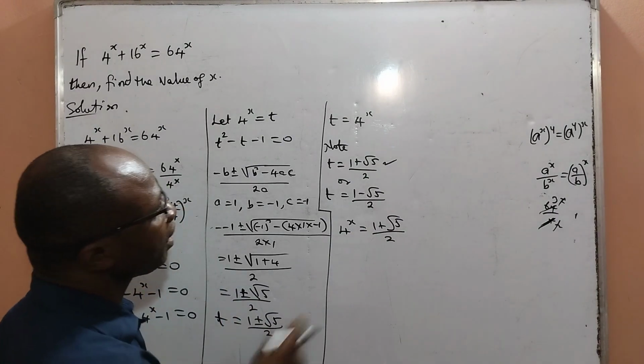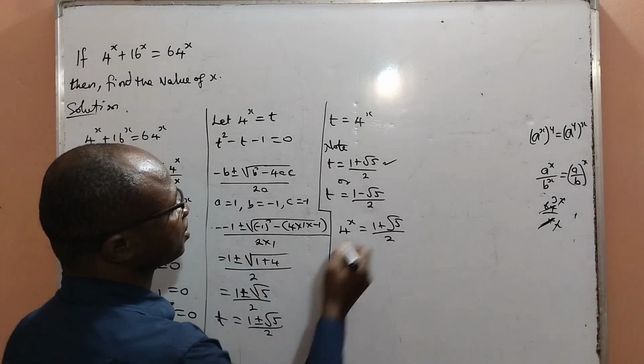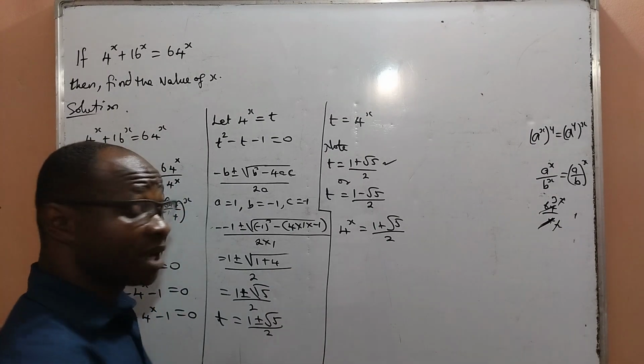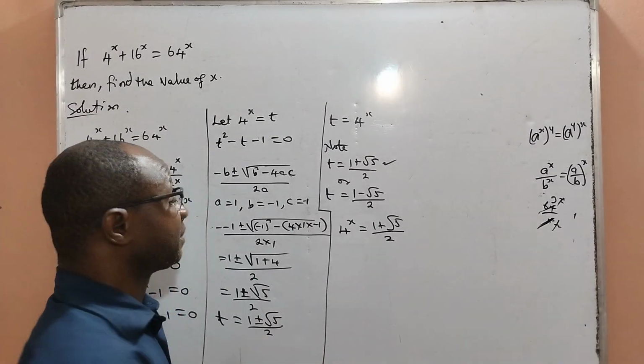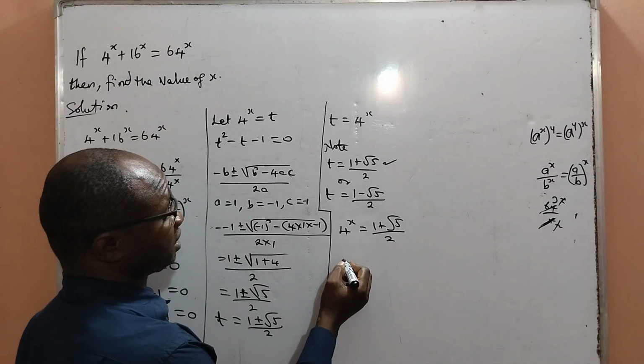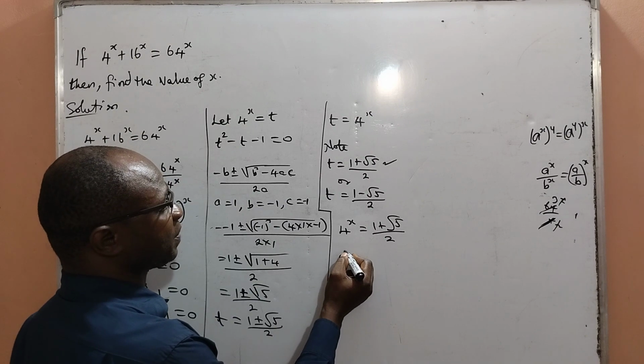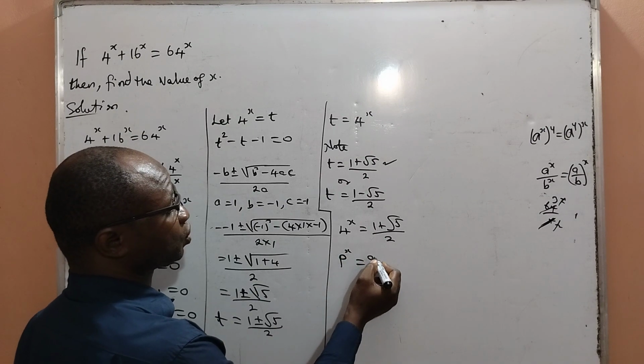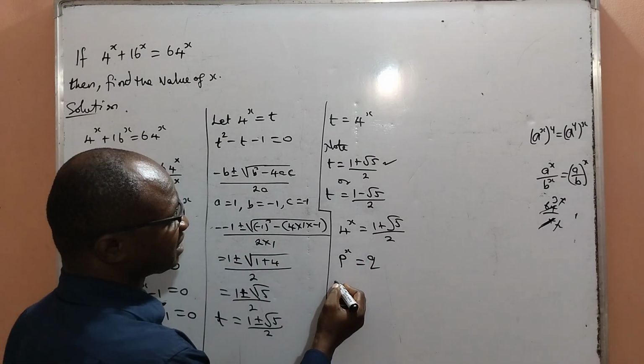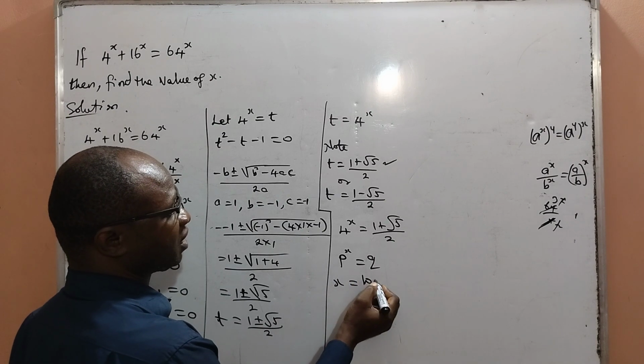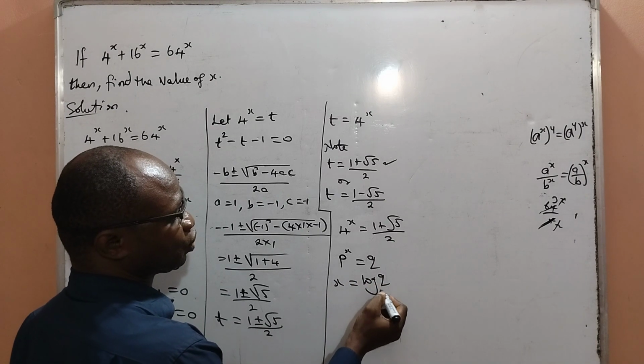Now, going by logarithms, let me quickly apply a logarithm formula. If I give you that p raised to the power x is equal to q, it means that x is equal to the log of q to base p.